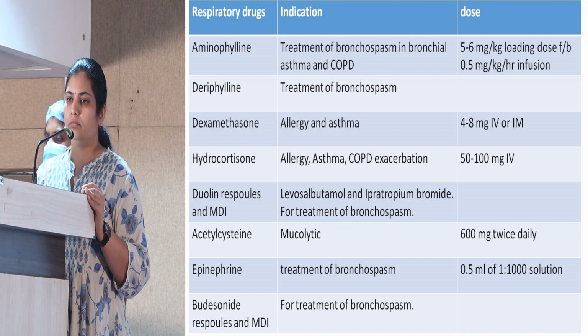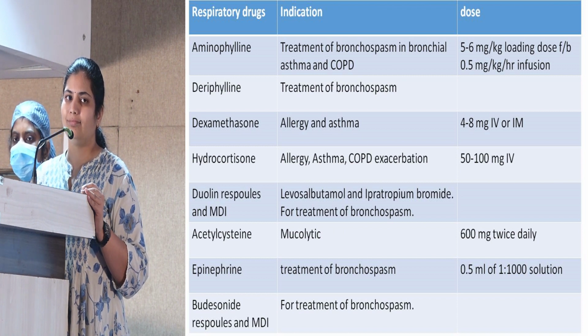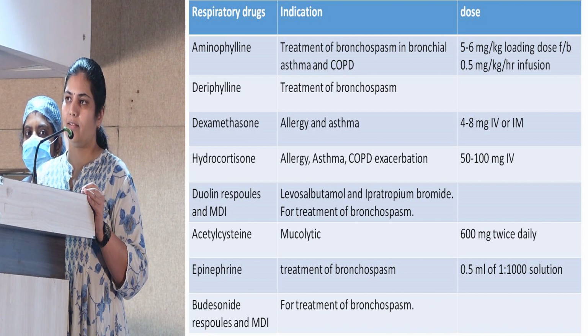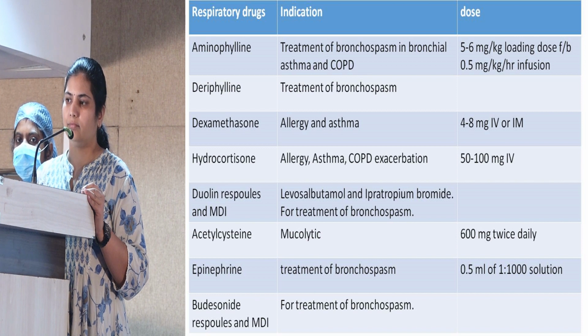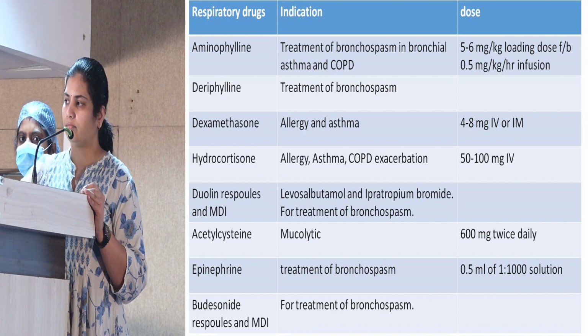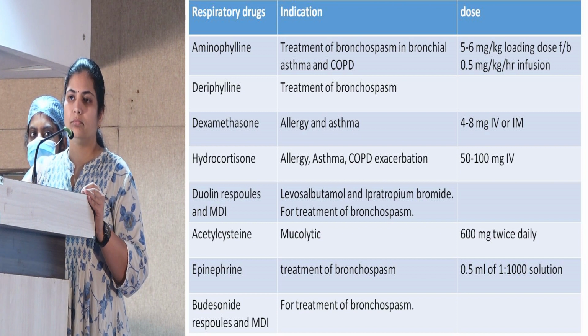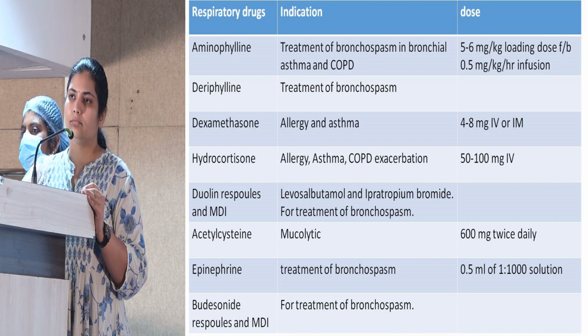How many have used these medications? Just ask how many have used this medication. How to reconstitute that, what you said, no? Reconstitution of 2.5 to 10 micrograms per kg per minute. How to calculate that? Can you share how to calculate that?